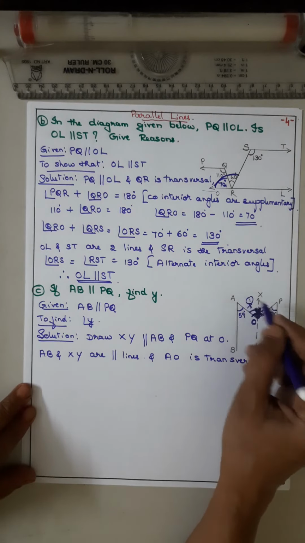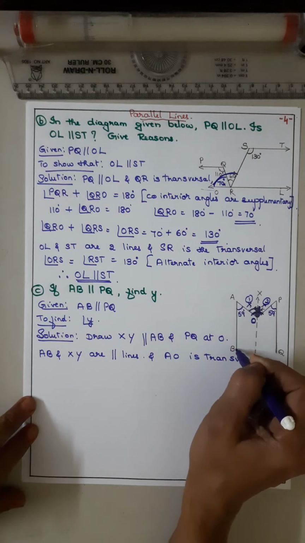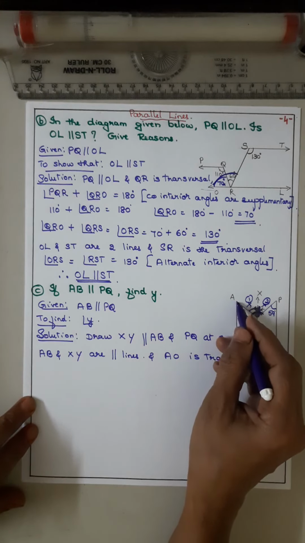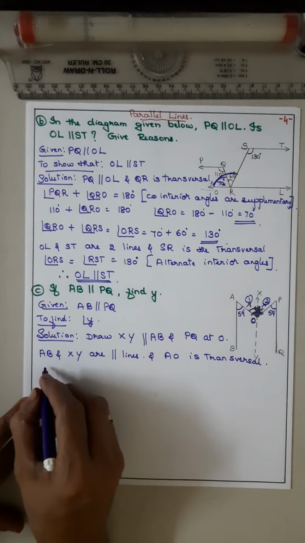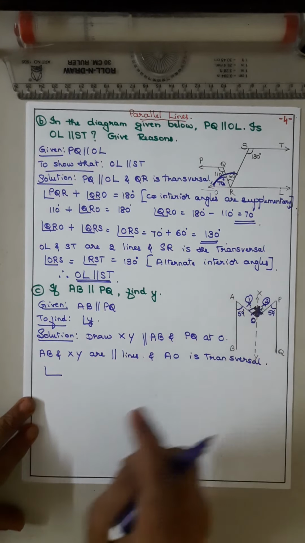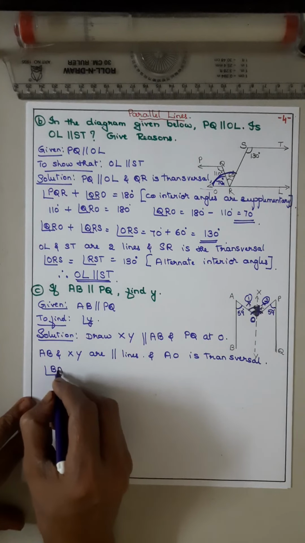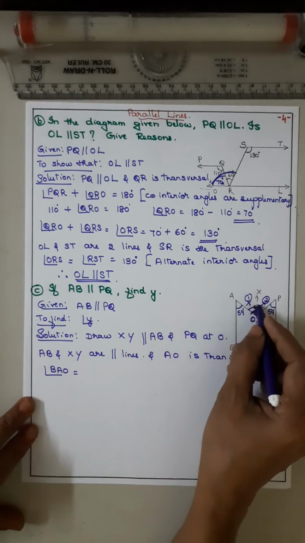Now angle 1: angle BAO is equal to this angle, angle 1, the half portion.